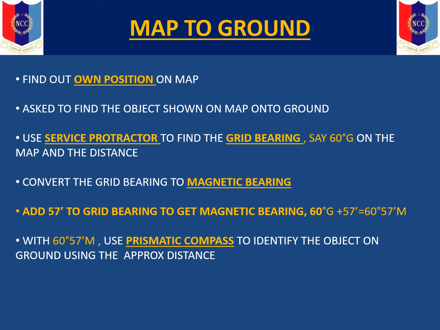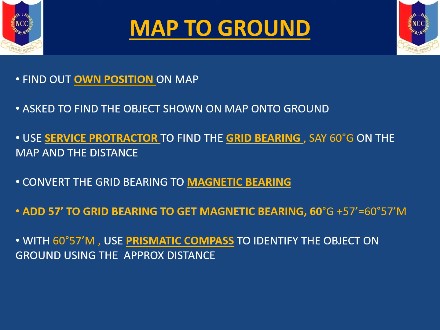So on the ground you should know approximately where 300 meters lies, and from the magnetic bearing fix 60 degrees 57 minutes, and in that direction approximately 300 meters you will find that landmark.